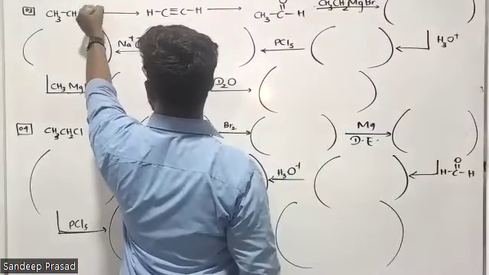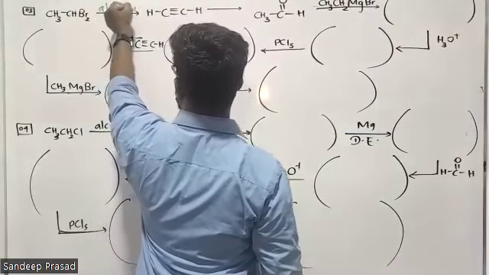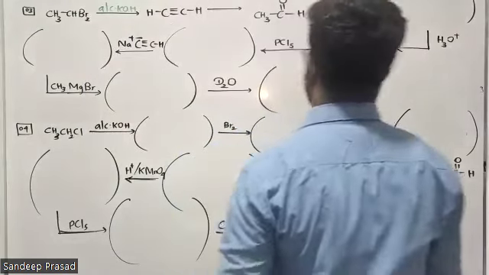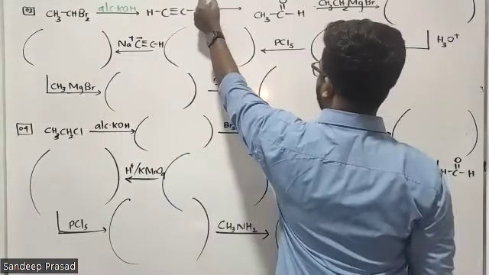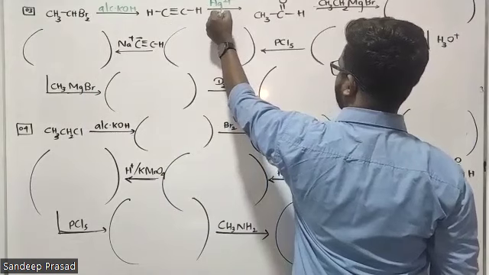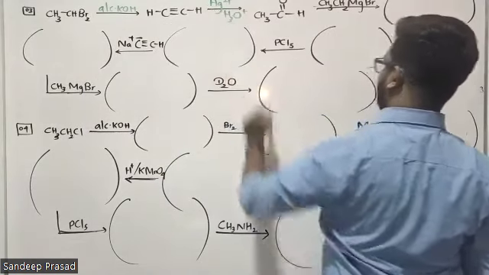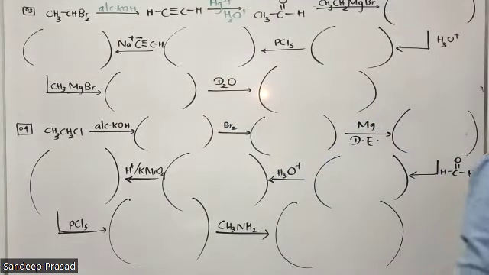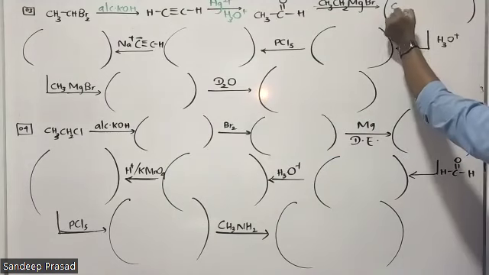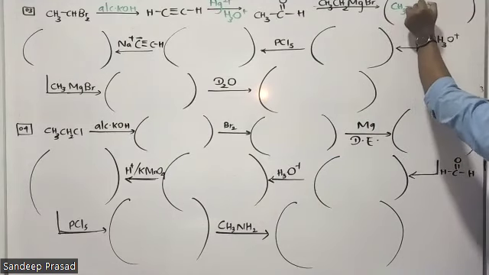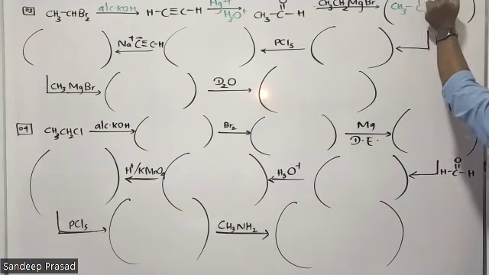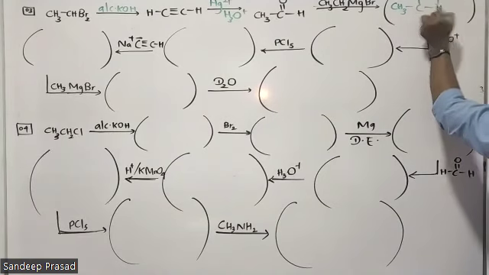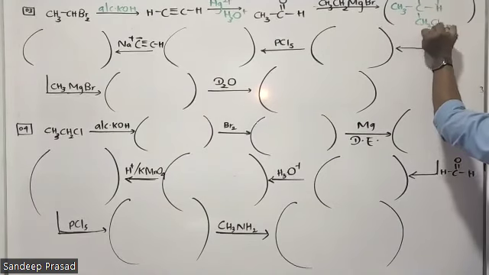Alcoholic KOH. Hg2 plus, H3O plus. Grignard reagent is added, therefore we can say that CH3CH2MgBr, here CH2CH3.